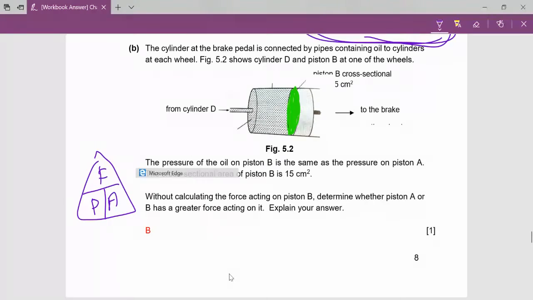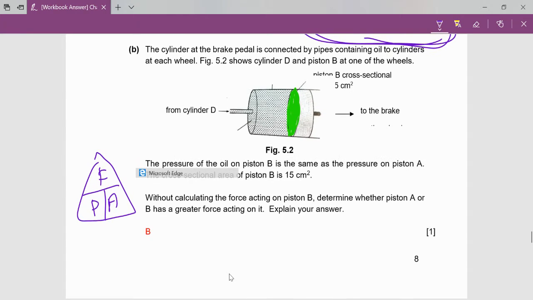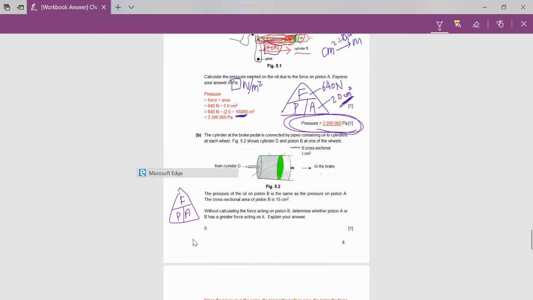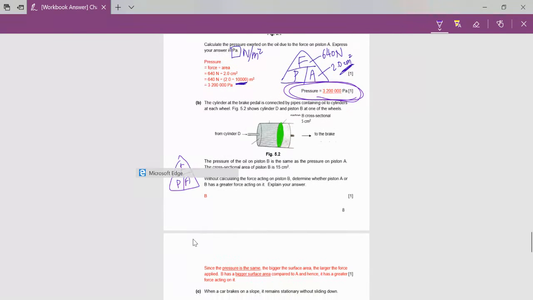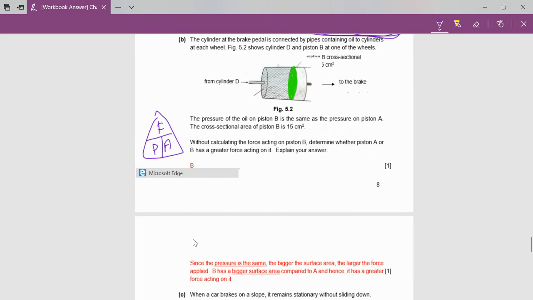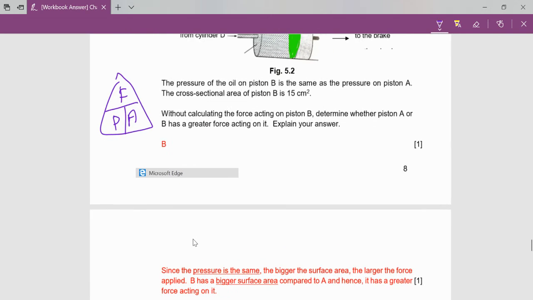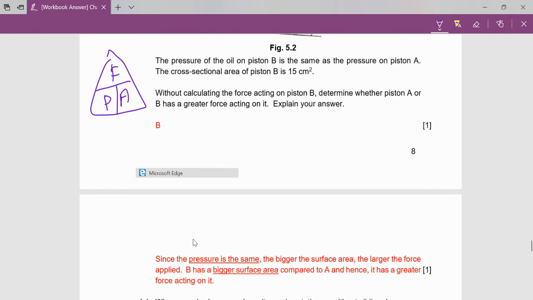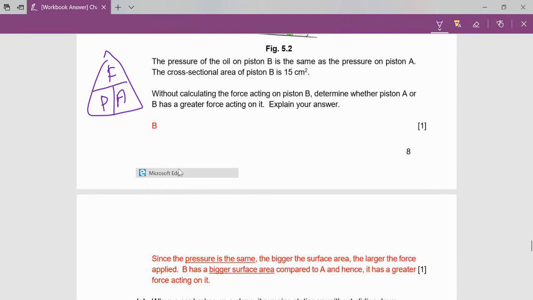Okay, so without calculating, you should be able to tell that B has a greater force because they have the same pressure.